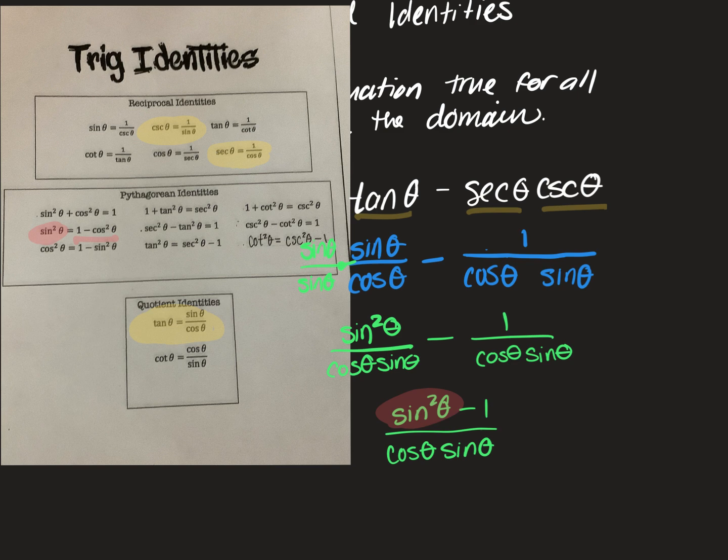Let's do that change real quick. Sine squared is 1 minus cosine squared. Okay, so look, 1 minus 1, those cancel out.